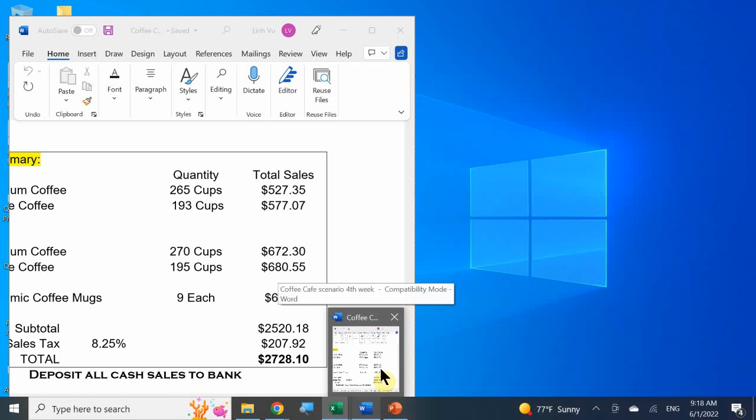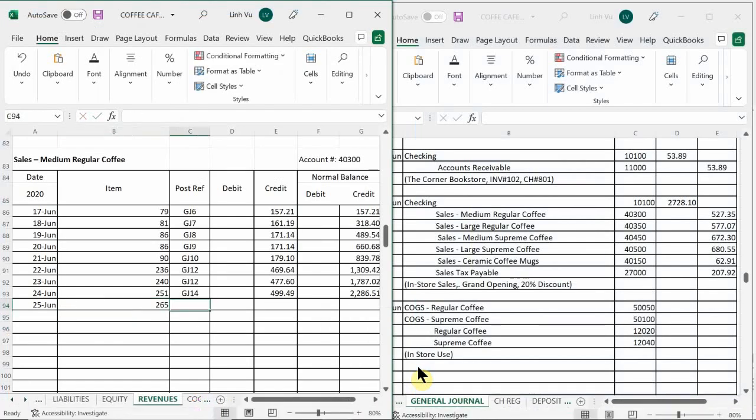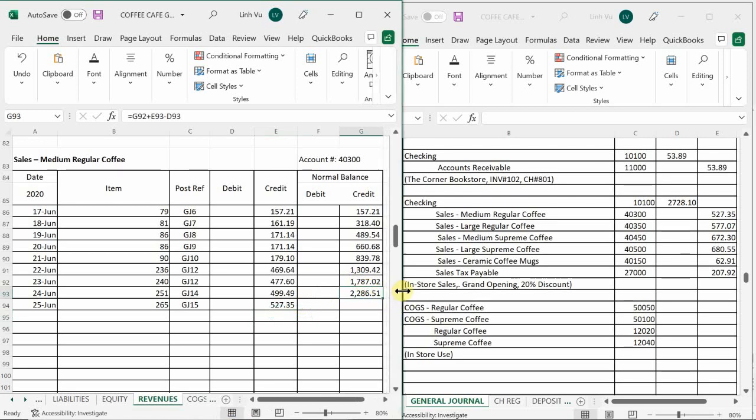I sold 265, for a total of $527.35. And that should increase my account to $2,813.86.